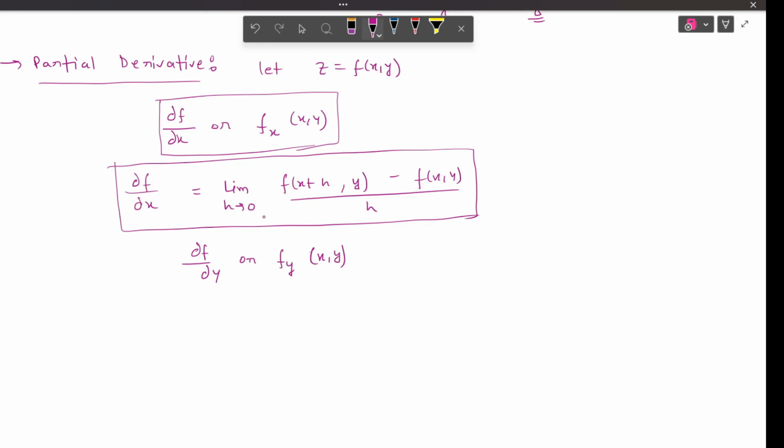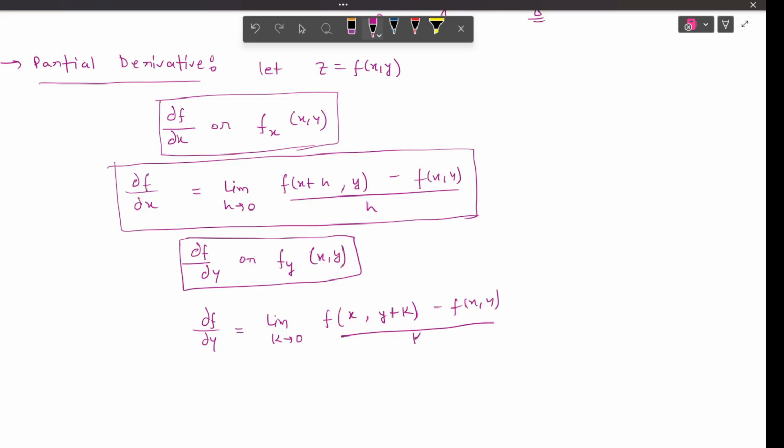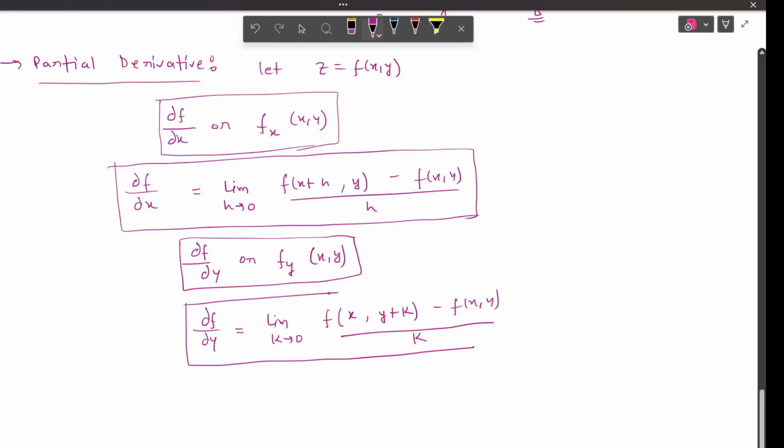Now this again we can define: delta f upon delta y will be, let us say, limit k tending to 0 of f of, now x is constant, so x comma y plus k, minus f of x comma y, by k is the partial derivative of a function of x and y.